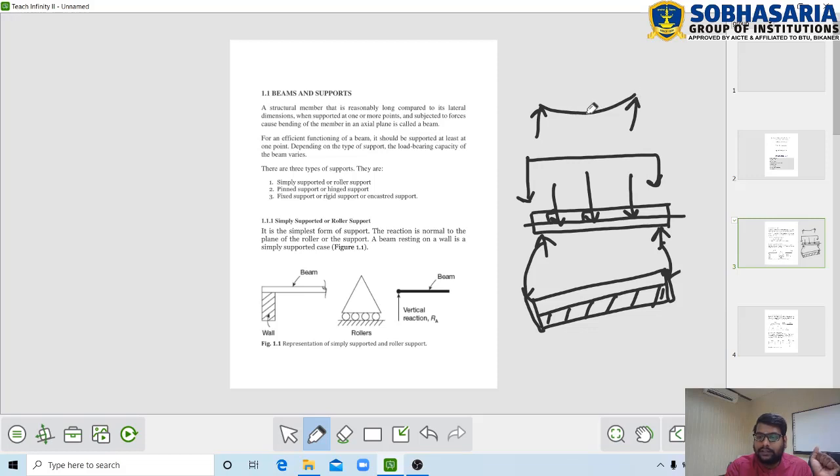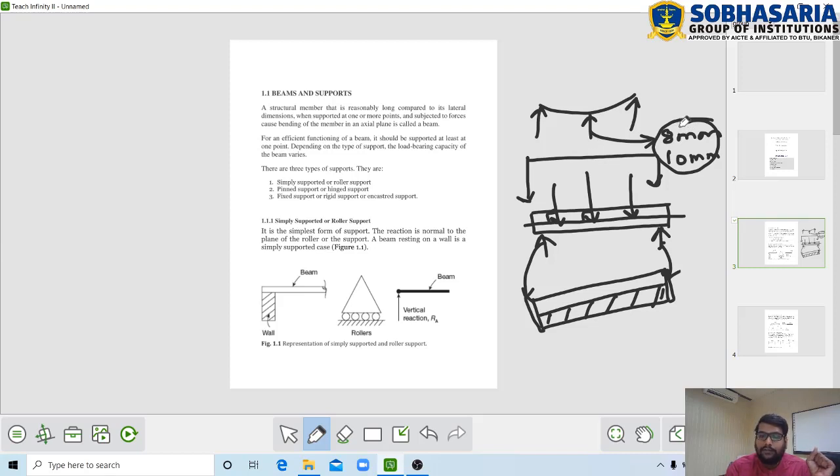As engineers we should know how much the deflection is, for example, say it is 8 mm or 10 mm. So how will we know how much deflection will be caused in the beams?